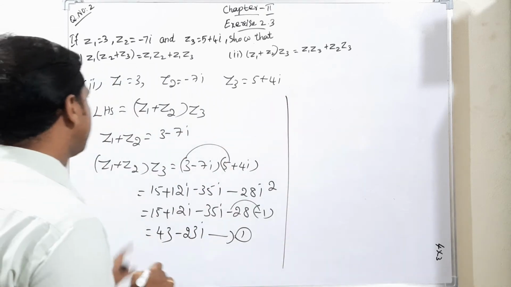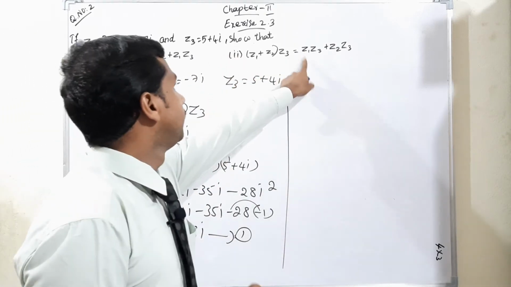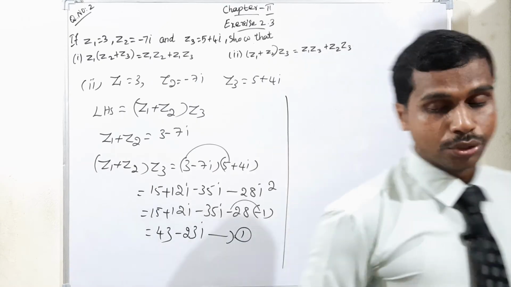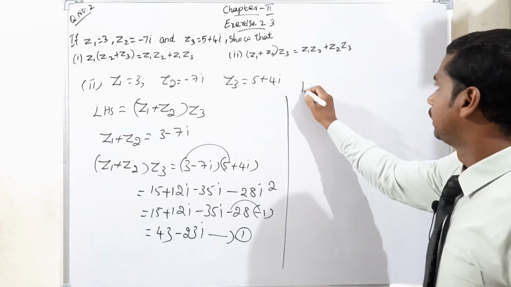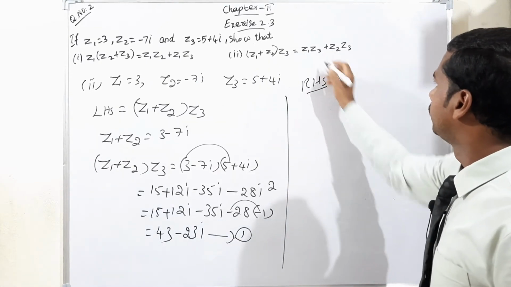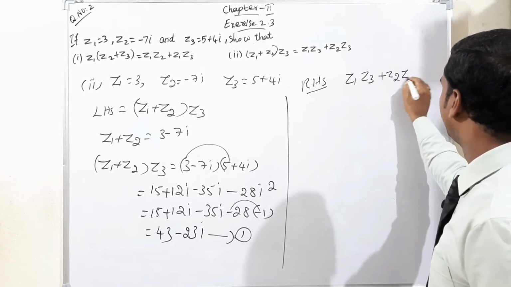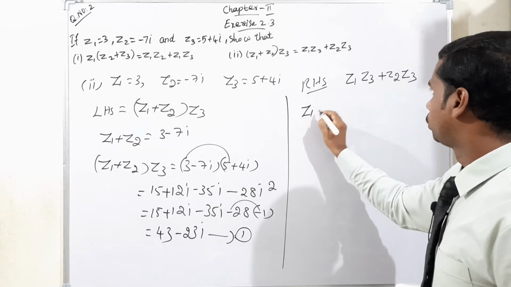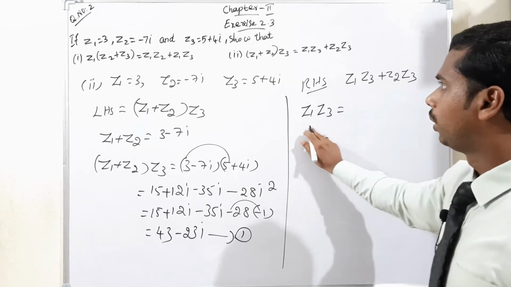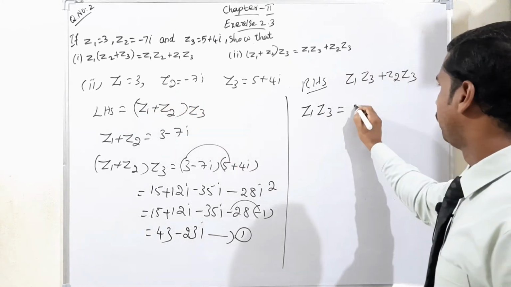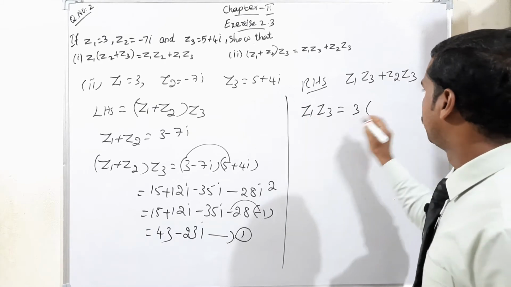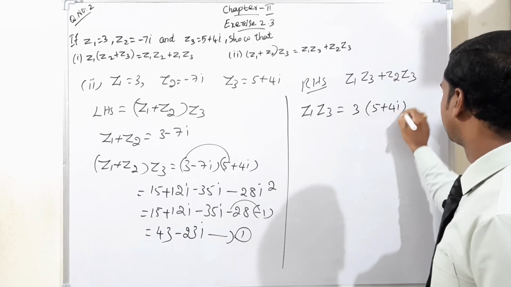So now I am moving to RHS, okay, from subdivision 2. So RHS is equal to Z1 into Z3, then Z2 into Z3. First term actually Z1 into Z3. Z1 is equal to 3, then Z3 is equal to 5 plus 4i.